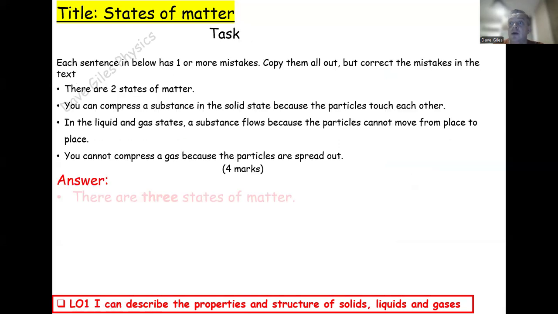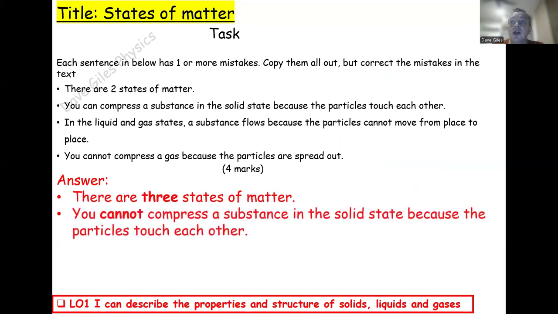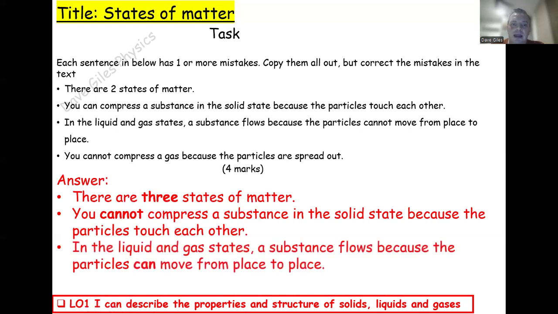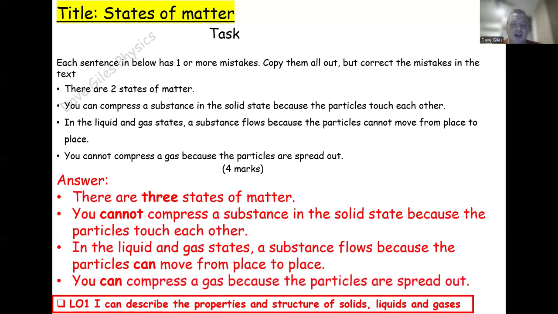There are 3 states of matter that we look at. You cannot compress a substance in a solid state because the particles touch each other. The next one, in liquids and gas states, a substance flows because the particles can move from place to place. And you can compress a gas because the particles are spread out.